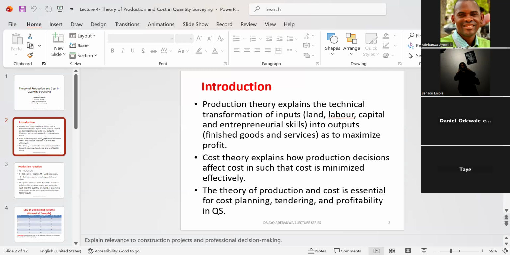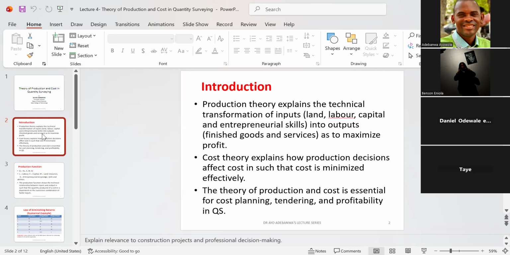It explains how production decisions affect cost such that the cost is minimized effectively. So one of the aims of production is to minimize cost. Now, the theory of production and cost is essential for cost planning and tendering, and then profitability.